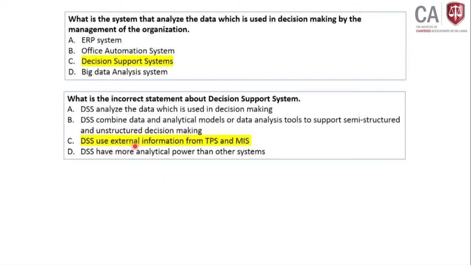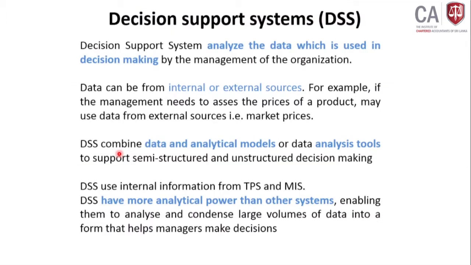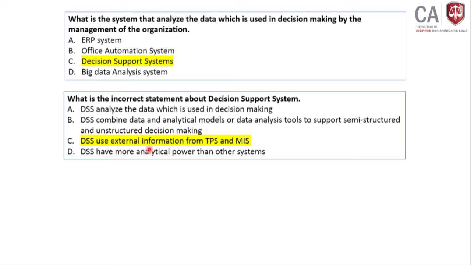DSS use external information. But it uses the internal information from TPS and MIS. That cannot take in external information from TPS. So TPS and MIS are also inside the organization. So that is the internal data.